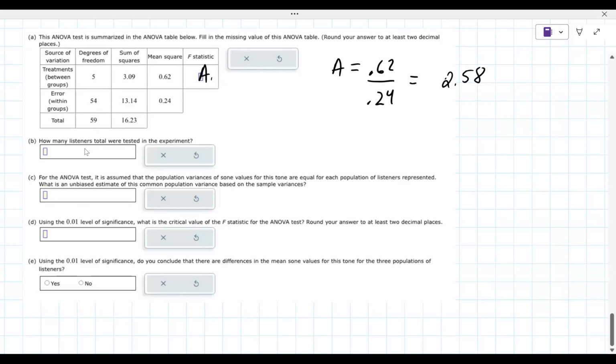How many listeners were tested in this experiment? The formula for some of these is like N plus K plus one. I believe there were 60. It's typically one more than that last one.